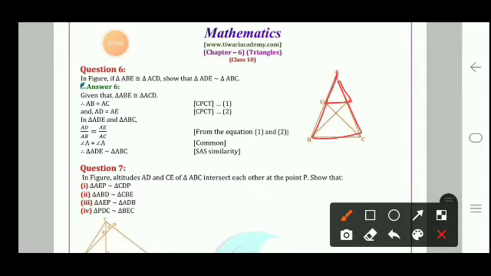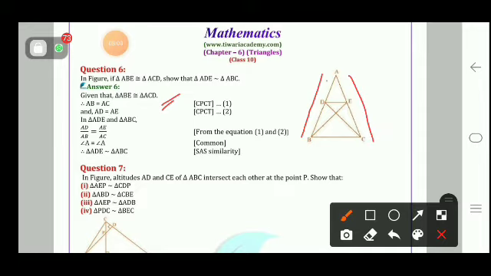Now when both the triangles ABE and ACD are congruent, we have AB is equal to AC, and AD is equal to AE. This is given. So now in triangles ADE and ABC, we can write AD upon AB is equal to AE upon AC, and angle A is equal to angle A, common. So therefore the triangles are similar by SAS similarity criteria.